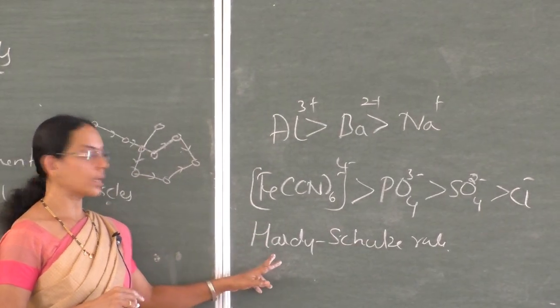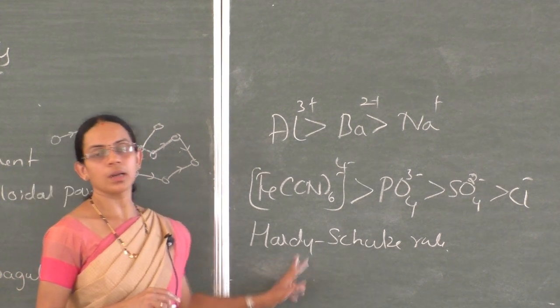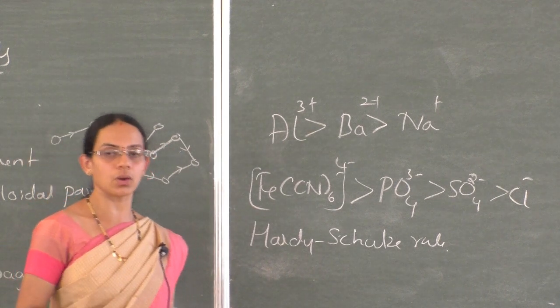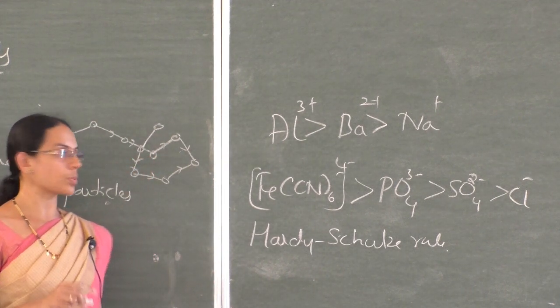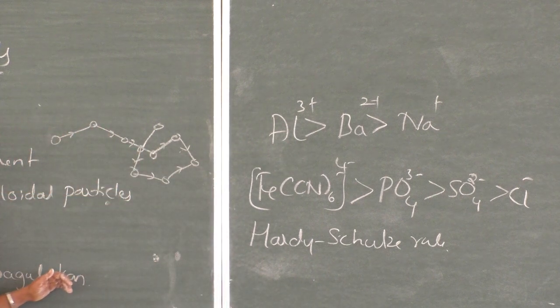In adding electrolytes we come to Hardy-Schulze rule, which means the higher the valency of the coagulating ion, the more is its power to cause precipitation. So these are the different types of coagulation methods.